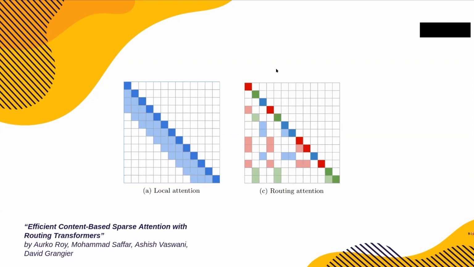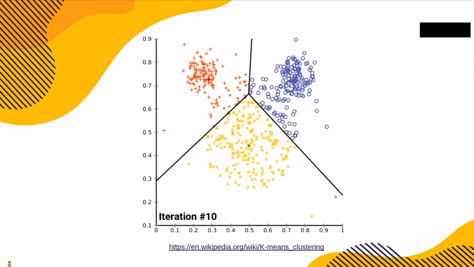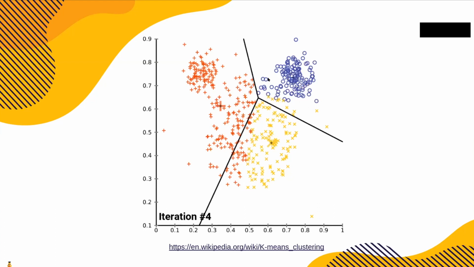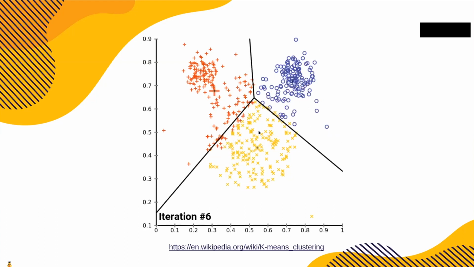And then based solely on each token's content, they also apply this routing attention operation. Here's just a little GIF of k-means updates. And one thing you'll notice is that the size of each k-means bucket isn't necessarily the same.